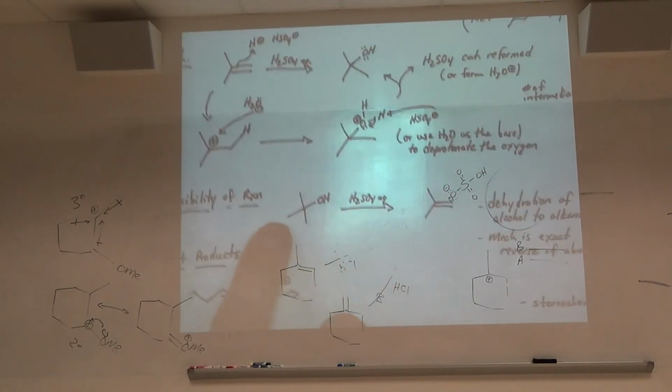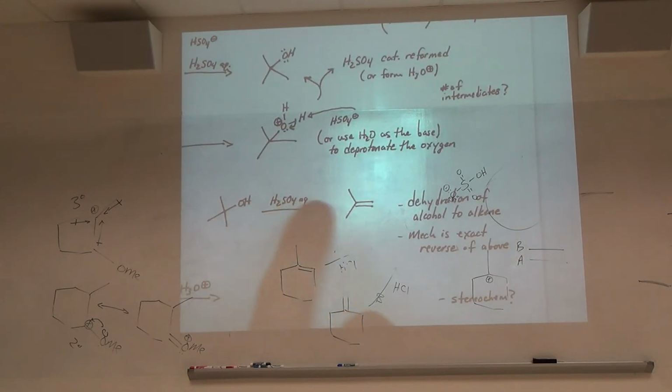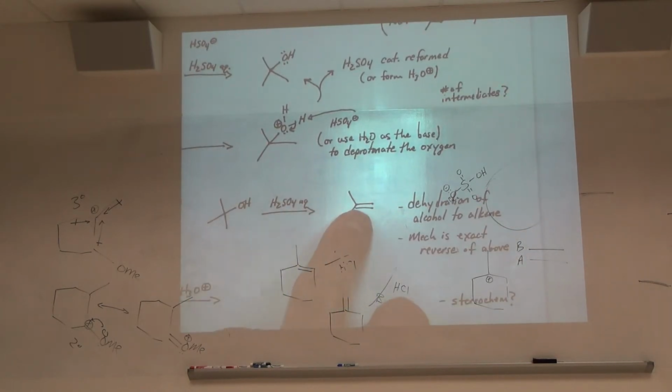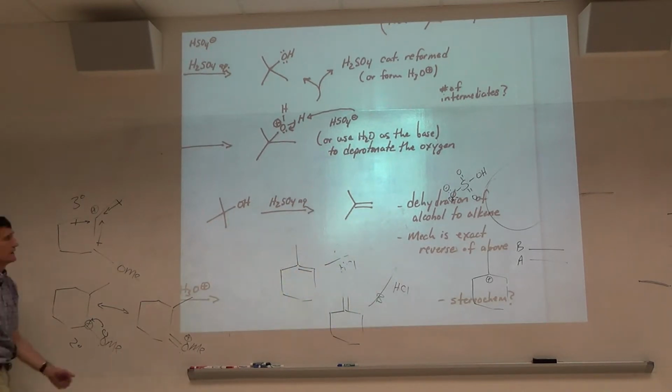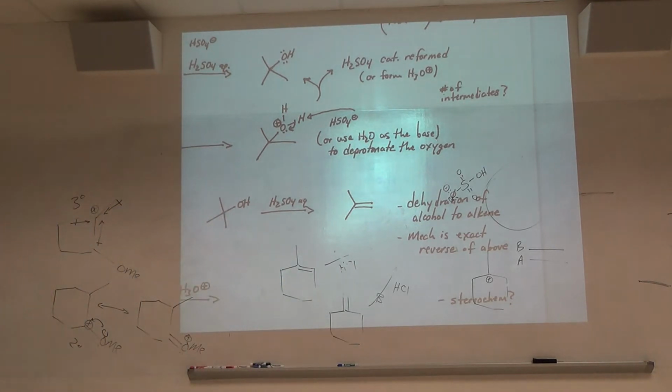Now, all these reactions are reversible. You can actually take an alcohol, react with sulfuric acid, and you can dehydrate it to the alkene. That'll actually be test 3. A lot of these reversible reactions. That's not an addition reaction. What do you call this? That's an elimination reaction. You eliminate water.